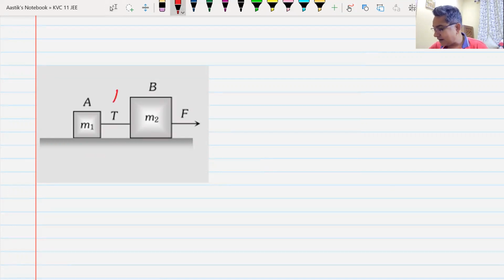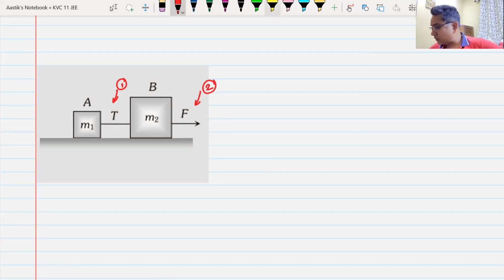If this is string number one, this is also a string. I'm applying a force F on the string, pulling it with the force F. Maybe there is a string on the other side as well, but there is definitely one string connecting the two blocks m1 and m2, right?